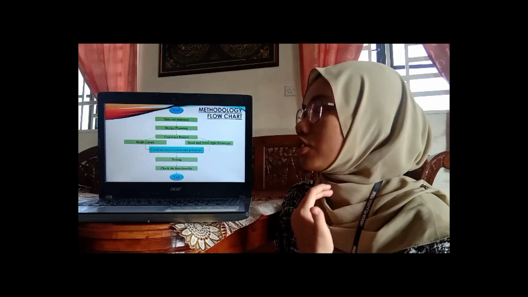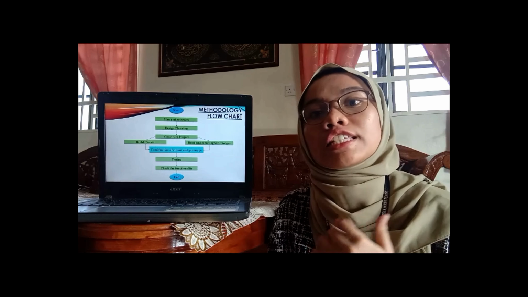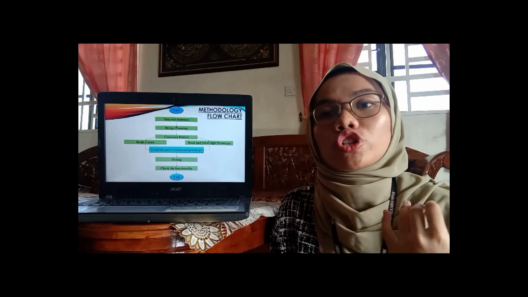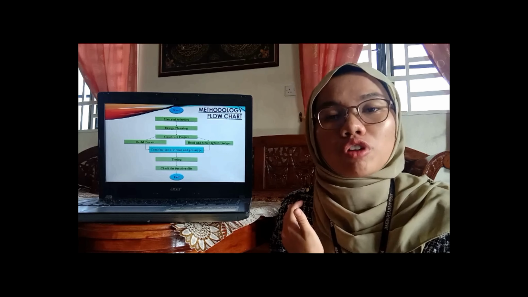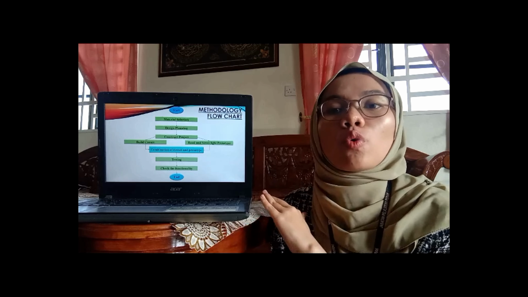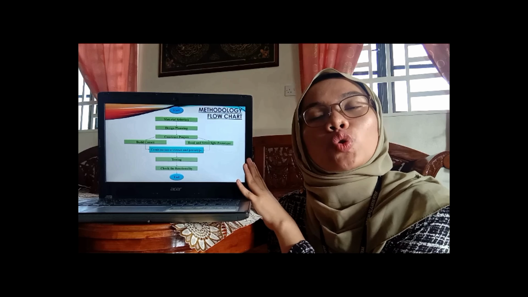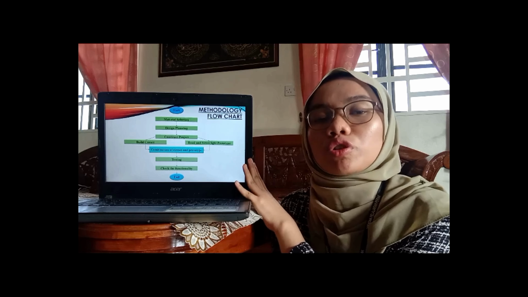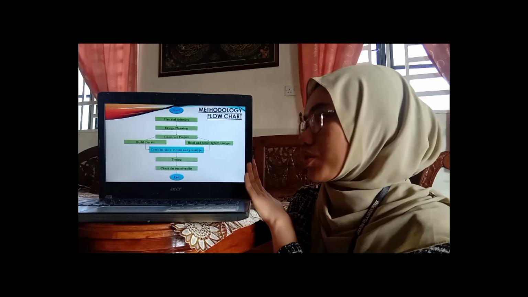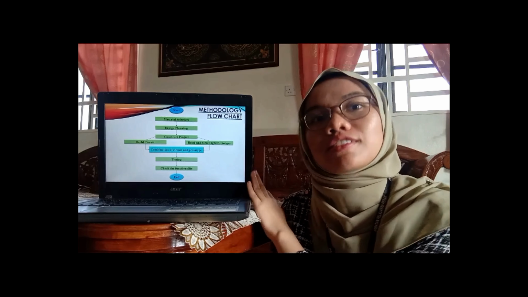And then we continue with the design planning, which is our future model structure on how we are going to implement this project in our prototype design planning.